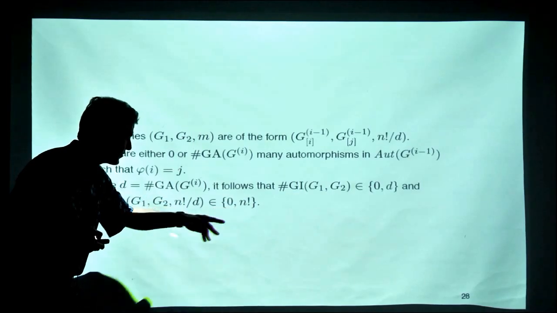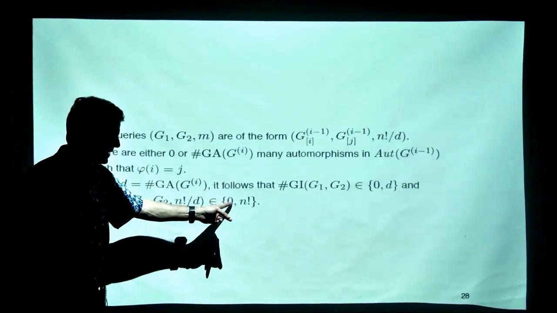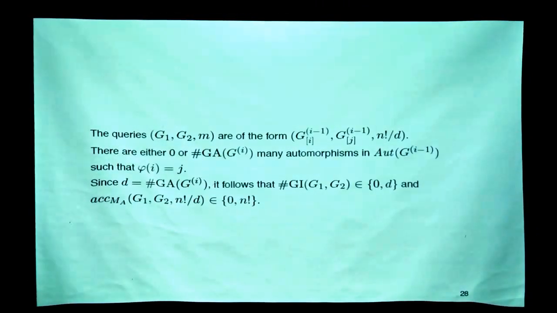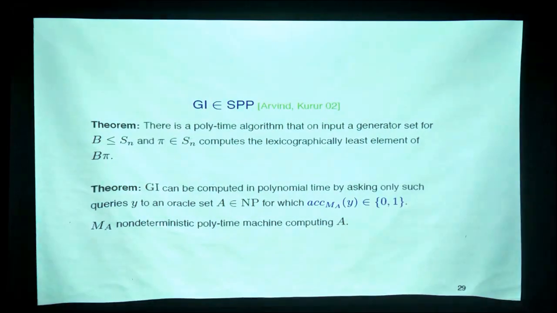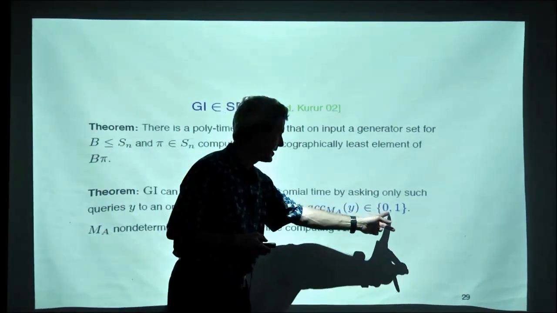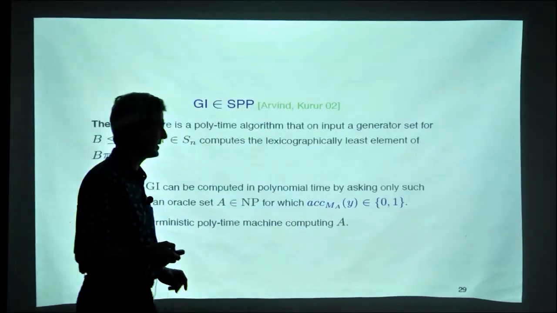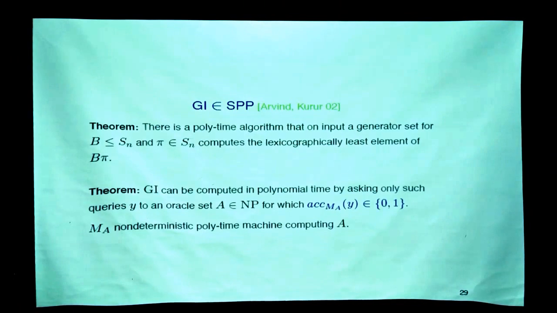Well, we managed to show that we can compute isomorphism by making queries to NP with a set of answers either 0 or something else. This was improved later, where they actually managed this problem. We had 0 and n factorial, and they brought it down to 0, 1.